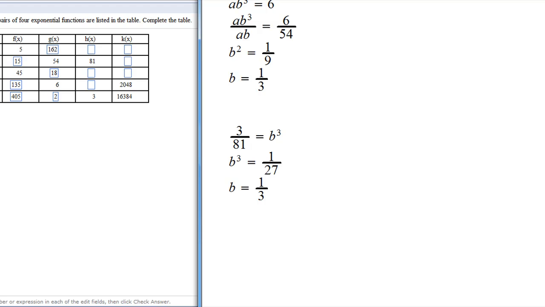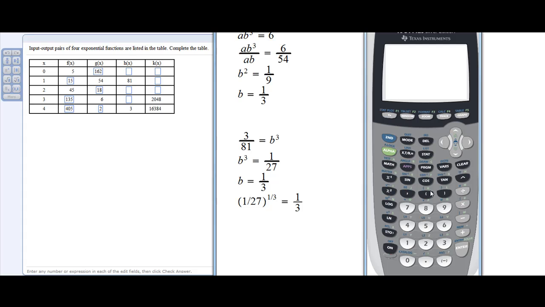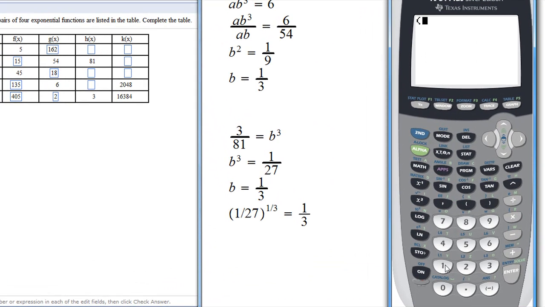If you want, you can just write down 1 over 27 to the power 1/3 in your calculator, and that will give you 1/3. Let me just show you how you would do that in your calculator. It gave you the fractional form, but no big deal.